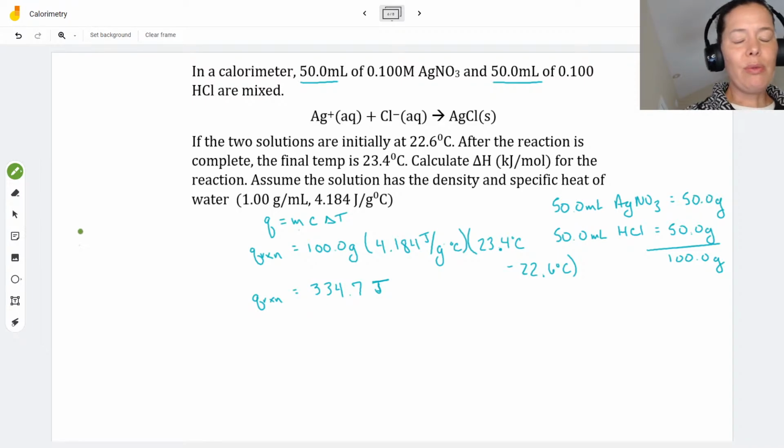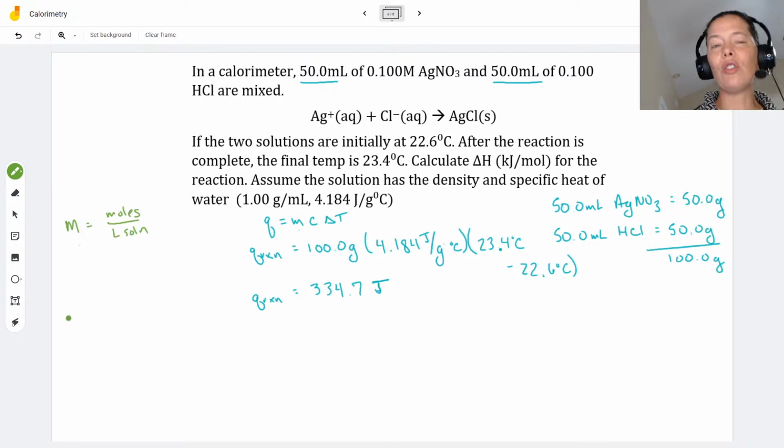So I will do this reaction over here on the left. Now these are given in molarity. If you remember, molarity is simply moles of solute over liters of solution. So I can calculate how many moles of silver nitrate and how many moles of hydrochloric acid I have.